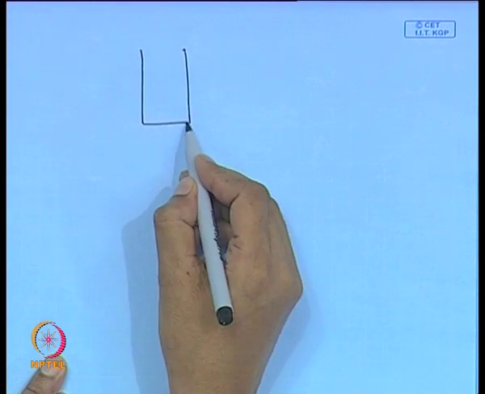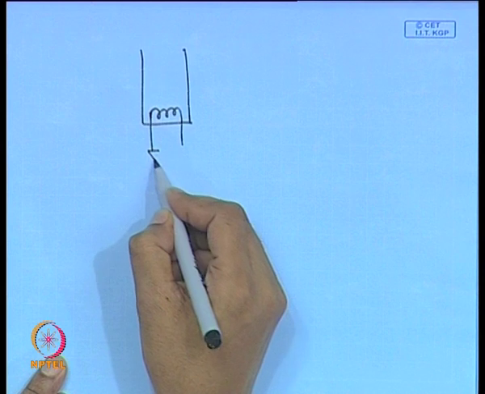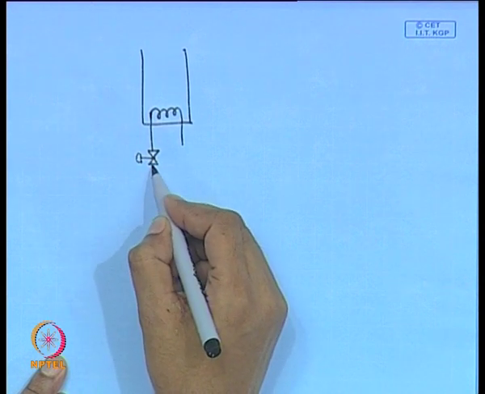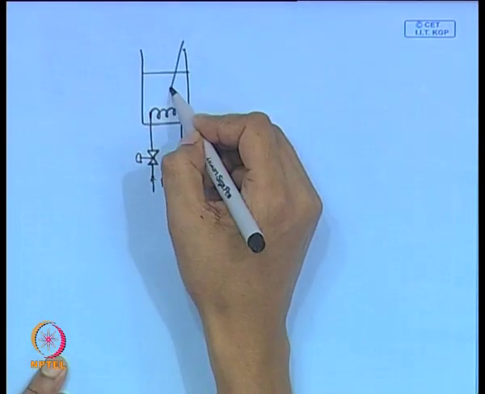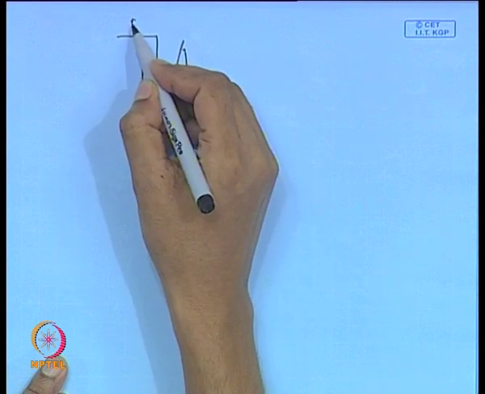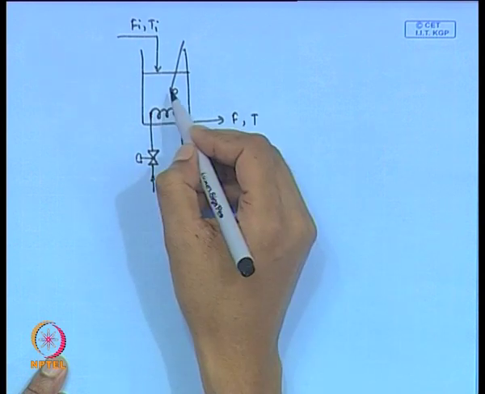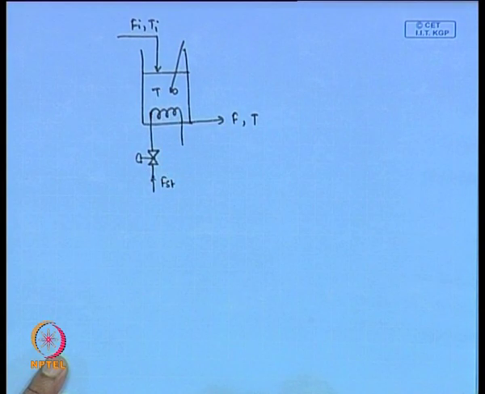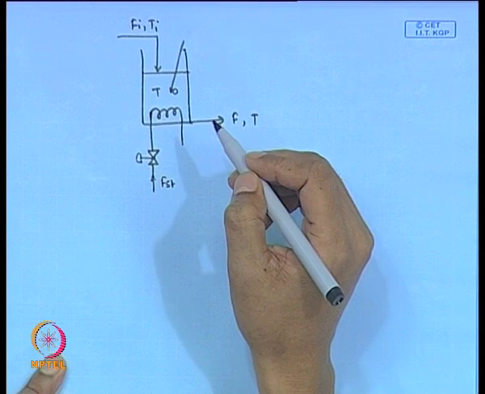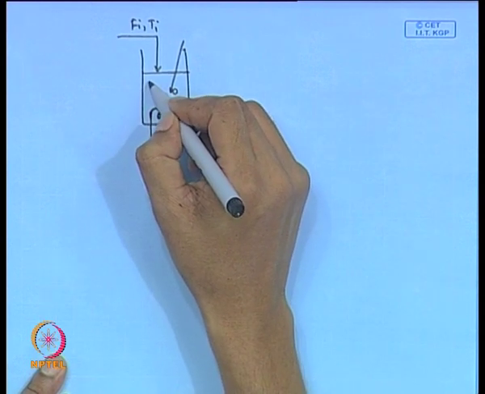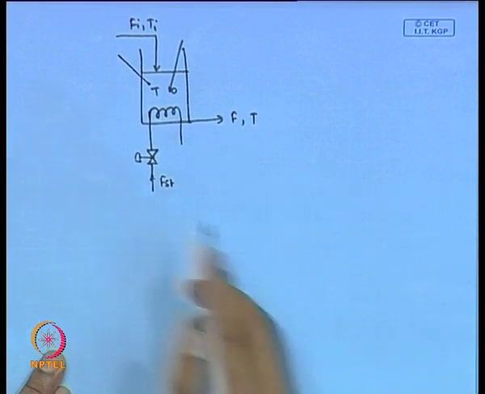So, this is the heating tank system we considered as an example. Fine. Now, first we need to measure the temperature by using a measuring device.